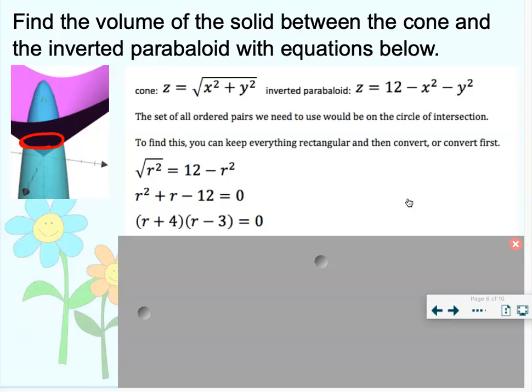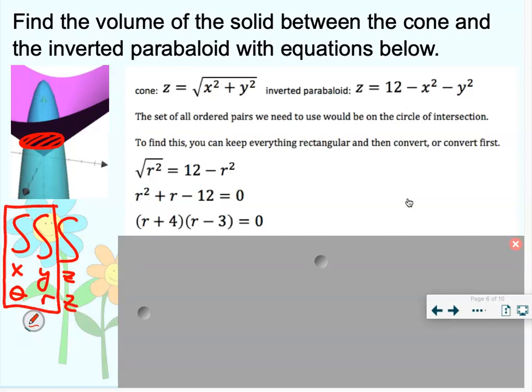So we need to find this circle where they intersect. Whenever you're doing an x, y, z, or a theta r z, these two integrals contain the area of the region over which you're integrating.